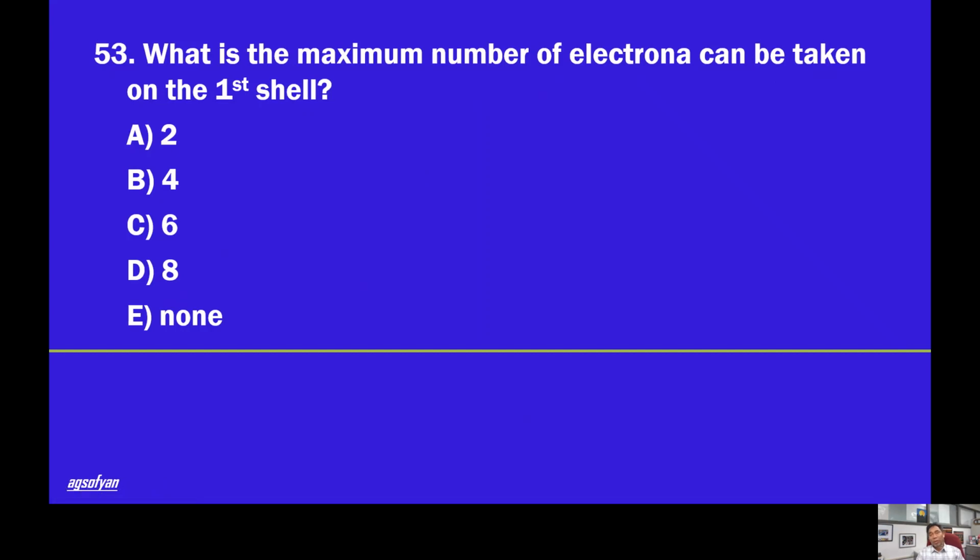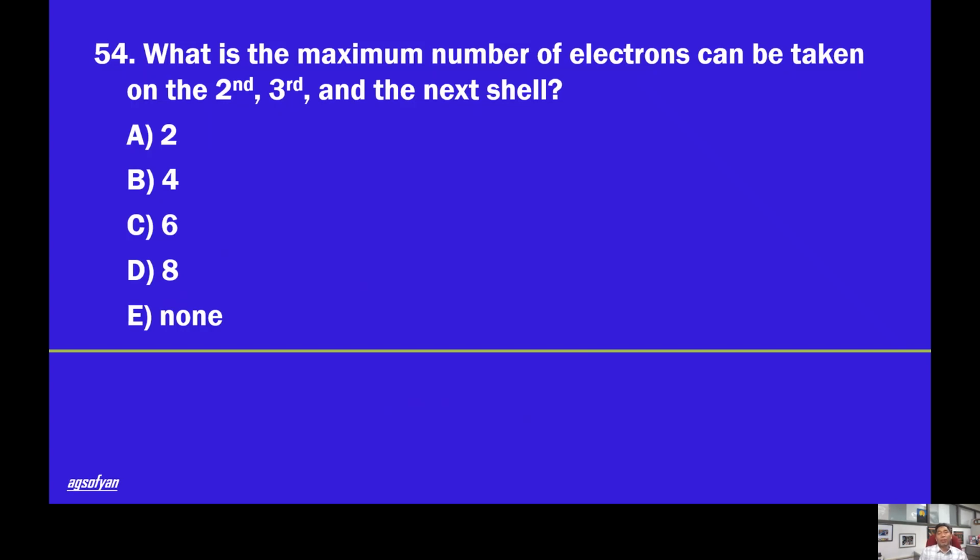What is the maximum number of electrons that can be taken on the first shell? A, 2, B, 4, C, 6, D, 8, E, none. Choose your answer. Yes, I just mentioned to you that the first shell only takes a maximum of 2. Sometimes it is also known as the duplet rule.